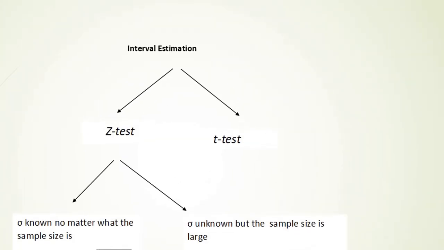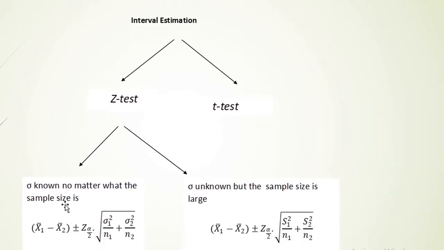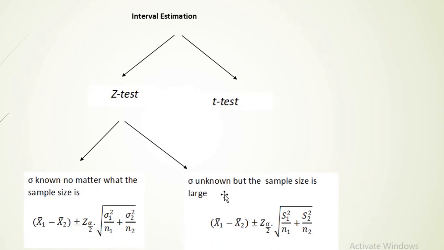So coming to the interval estimation, we again have two conditions, z test and t test. In z test, again we have to tackle two situations. If sigma is unknown but the sample size is large, then we use the estimate of the population standard deviation, that is capital S1 and capital S2.